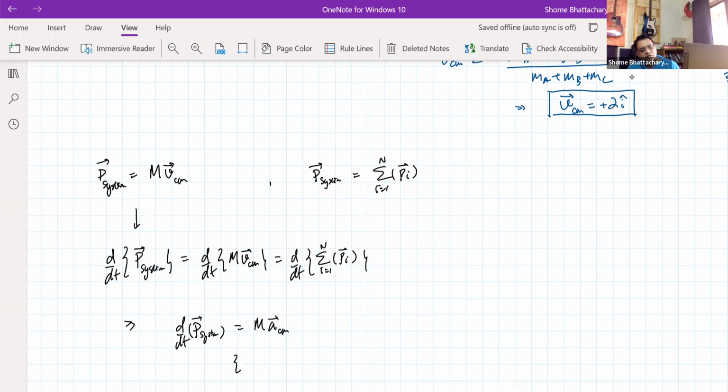Okay, because here all the individual masses are constant. So total mass, which is summation m, is also constant. So it is what we call a fixed mass system.